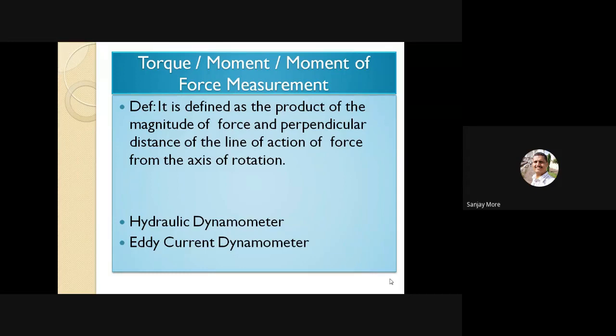In that, first, hydraulic dynamometer, and second, eddy current dynamometer. Before starting hydraulic dynamometer or eddy current dynamometer, we are going to learn what is meant by dynamometer.